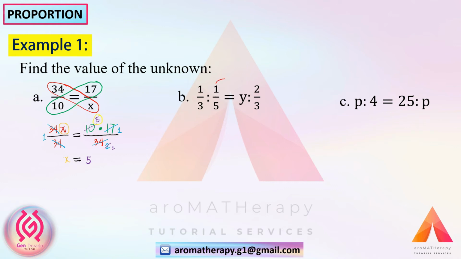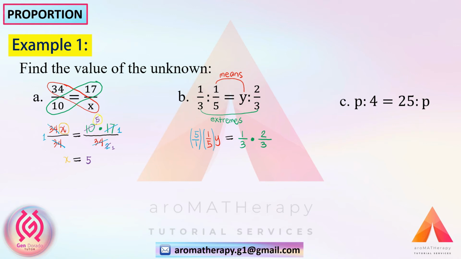For letter B, we need to equate the product of their means and extremes. This is their means, and this is our extreme. So we write 1/5 y is equal to 1/3 times 2/3. And then multiply 5 to both sides of the equation.